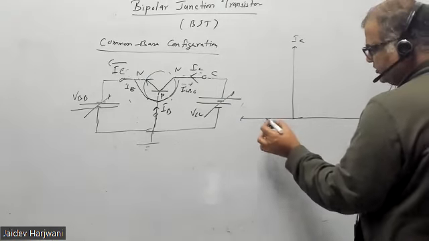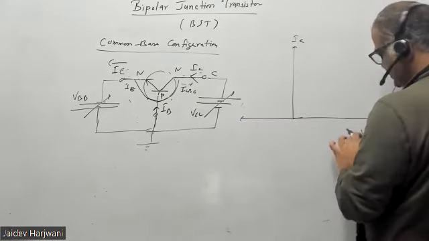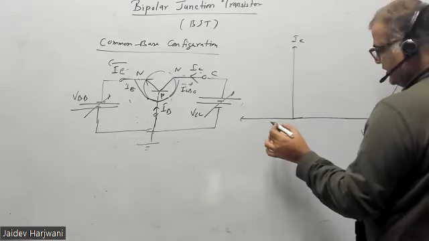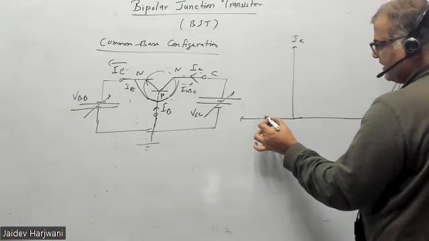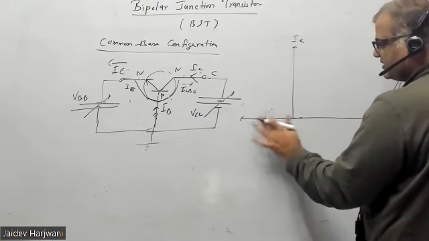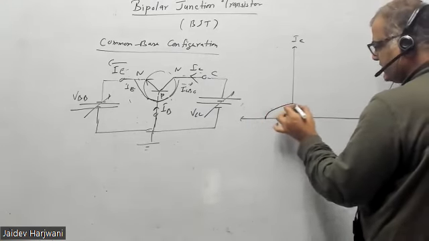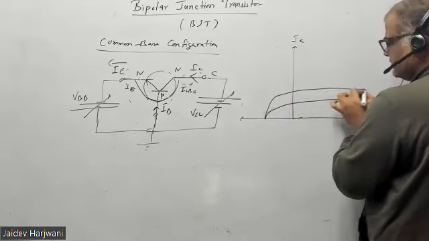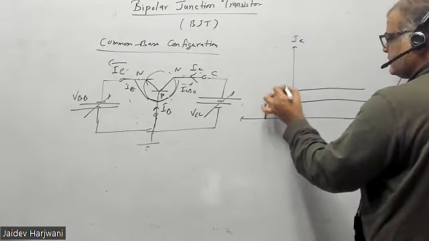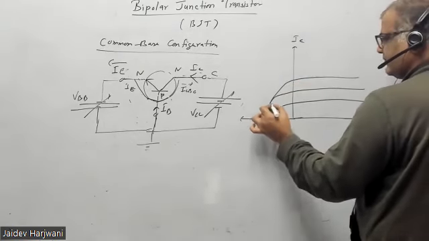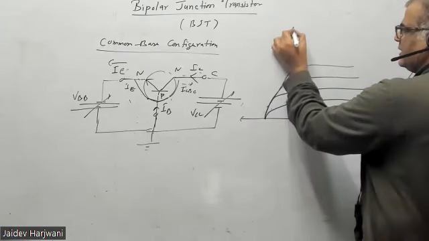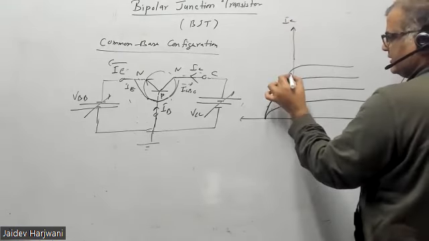So when I change the VCB and note down the IC, if I apply negative VCB, my graph goes like this. We'll discuss what this is. So this is my IC.